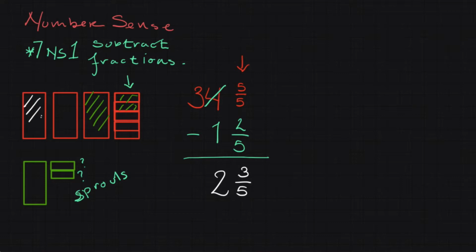So 1 for lettuce, 2 for lettuce, and 1, 2, 3/5 left over for lettuce, right? So good. When we're borrowing, what we're really doing is we're taking a whole number and we are turning it into a fraction with the right denominator. All right, let's take a look at another one.